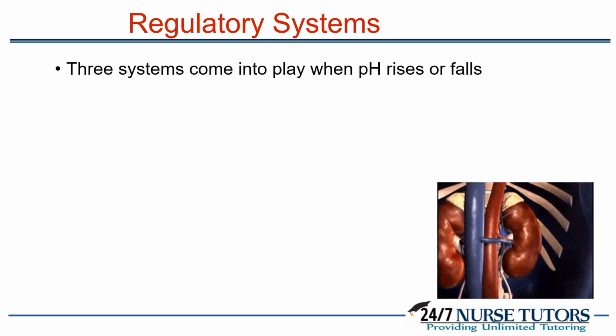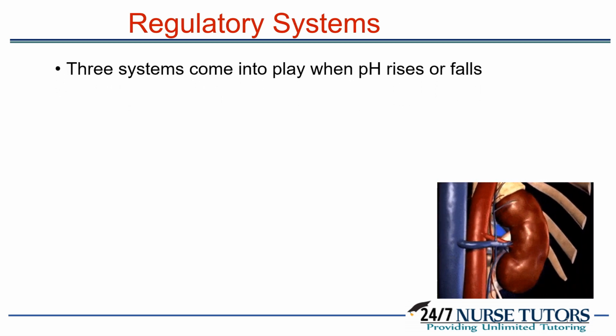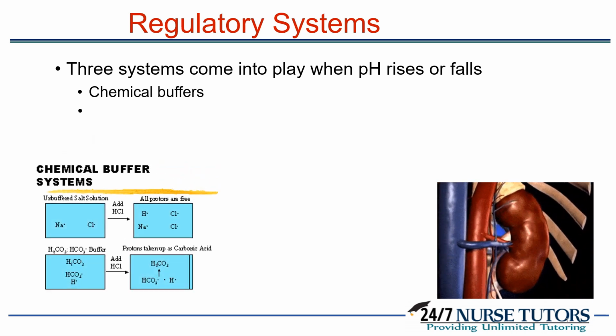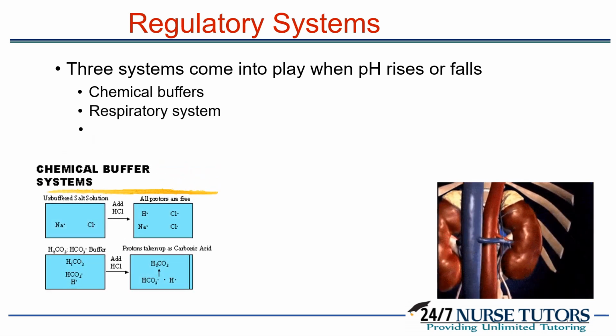There are three systems that come into play when pH rises or falls: chemical buffers, the respiratory system, and the kidneys.